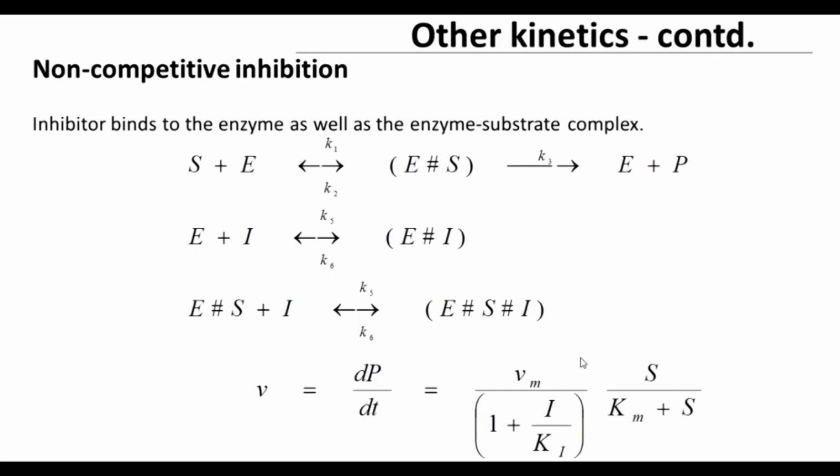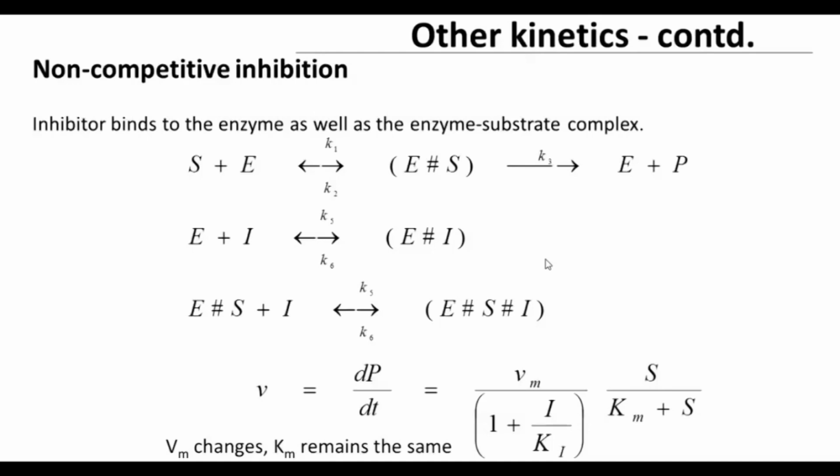As you can recognize, our Michaelis-Menten was Vm S by Km plus S. Here it is Vm by (1 plus I by Ki) into S by (Km plus S). Vm has been modified, Km has not been modified in the case of non-competitive inhibition. Vm changes, Km remains the same.